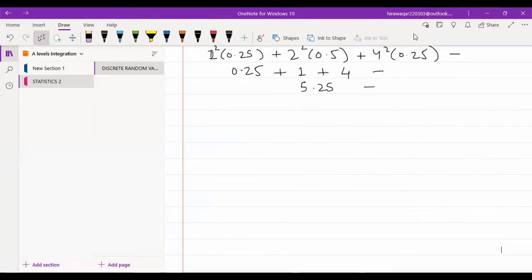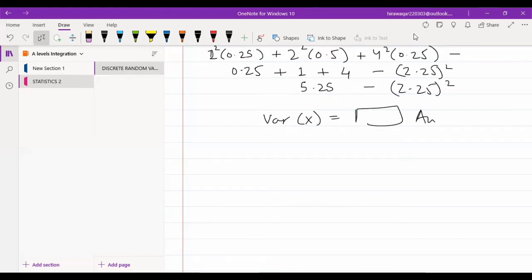Okay, so basically 2.25 square. After subtracting the square of 2.25 from 5.25, you will ultimately get the variance of x. Okay, so these are the things which we have learned in the probability mass function: the way of calculating the mean, which is also known as expected value, and also the way of calculating variance.